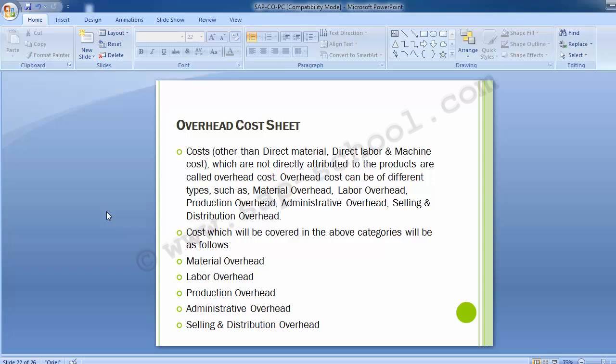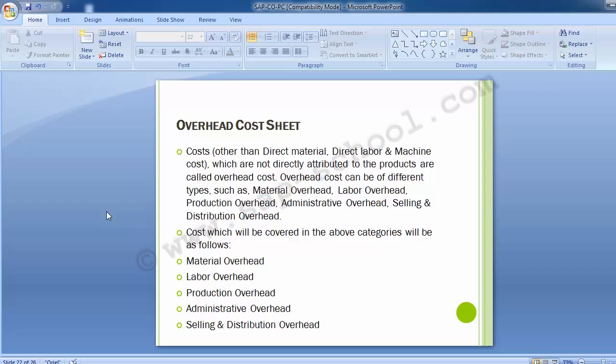Production overhead: other production cost which will not be captured through the prime cost, as well as the material and labor overhead, will be taken up in the production overhead. Whereas the cost of administrative expenses other than the production cost will be taken up in the administrative overhead as a part of indirect expenses, and the selling and distribution overhead includes the cost of selling and distribution expenses.